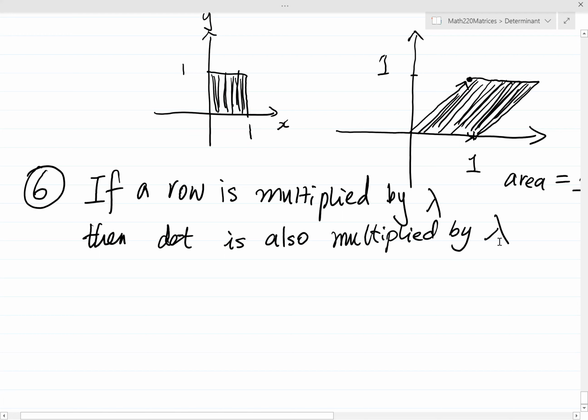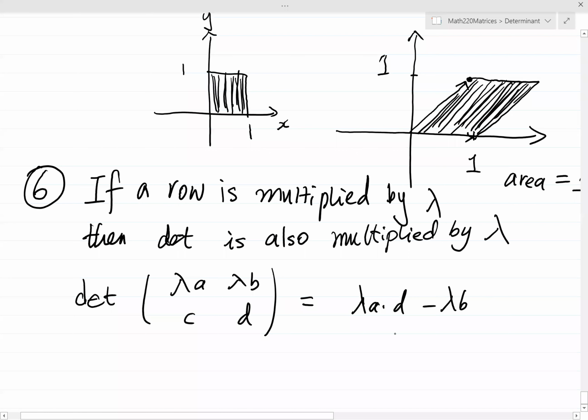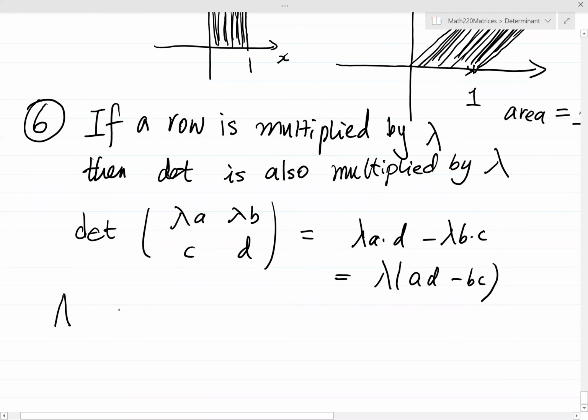For instance, the determinant of lambda A, lambda B, C, D: you get lambda A times D minus lambda B times C, so you get lambda times AD minus BC. So this is actually lambda times the determinant of A.